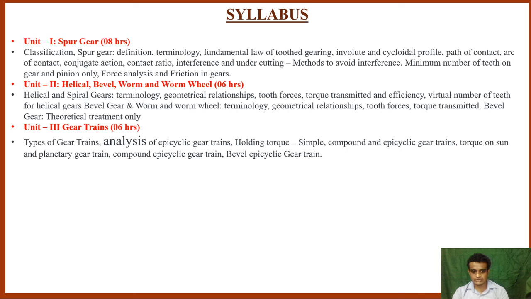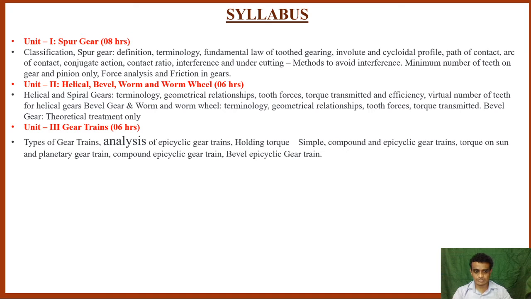In this unit, we are going to study different types of gear trains, their applications, and kinematic analysis of gear trains. There is also one term, the holding torque or the fixing torque, that we are going to study. We will also study epicyclic gear train, compound epicyclic gear train, and bevel epicyclic gear train. This is very interesting and you will enjoy it.